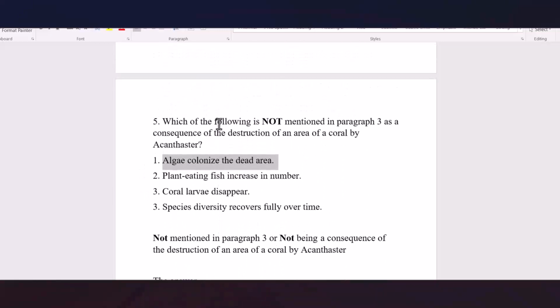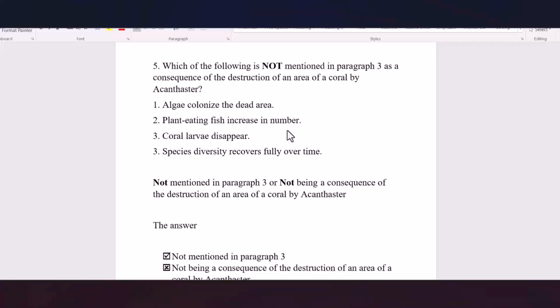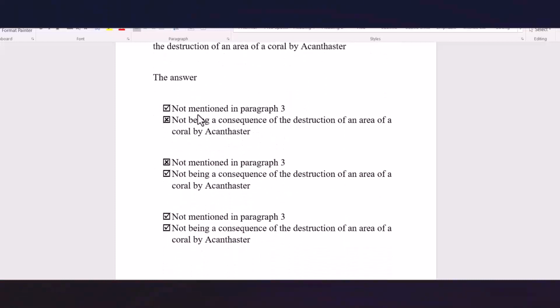So this option does not conform to either of these conditions. So it cannot be an answer for the question because it is mentioned in the passage. Here, it doesn't live up to this condition, while it is a consequence of the destruction.